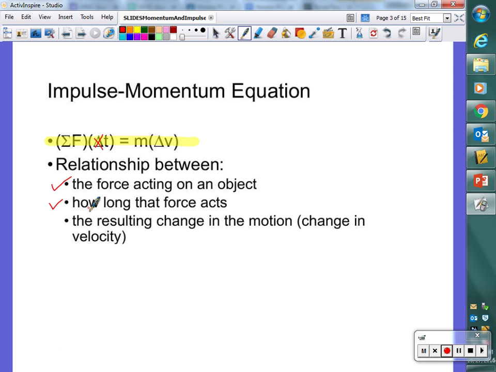So how much force, how long is that force, and then how much does the motion actually change because of the force and the time that we apply that force. So not just a relationship between force and acceleration, but a relationship between force, time, and the resulting change in the motion, or delta v.